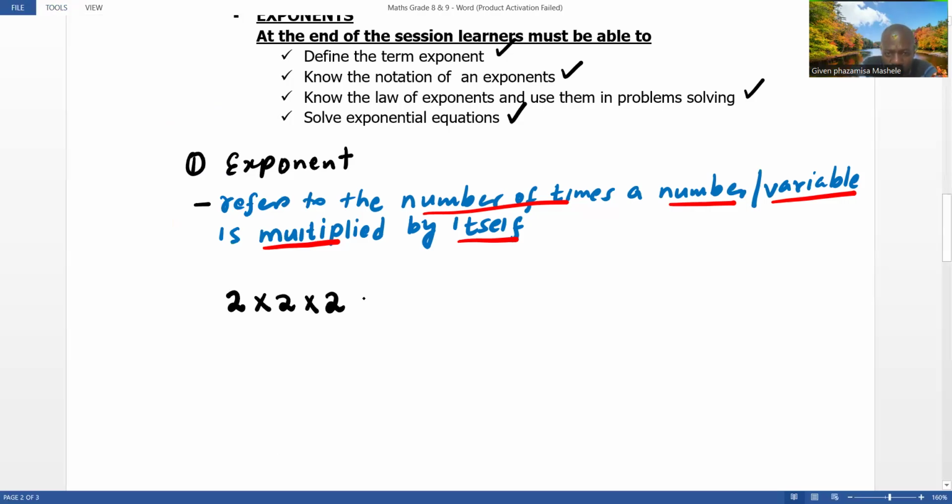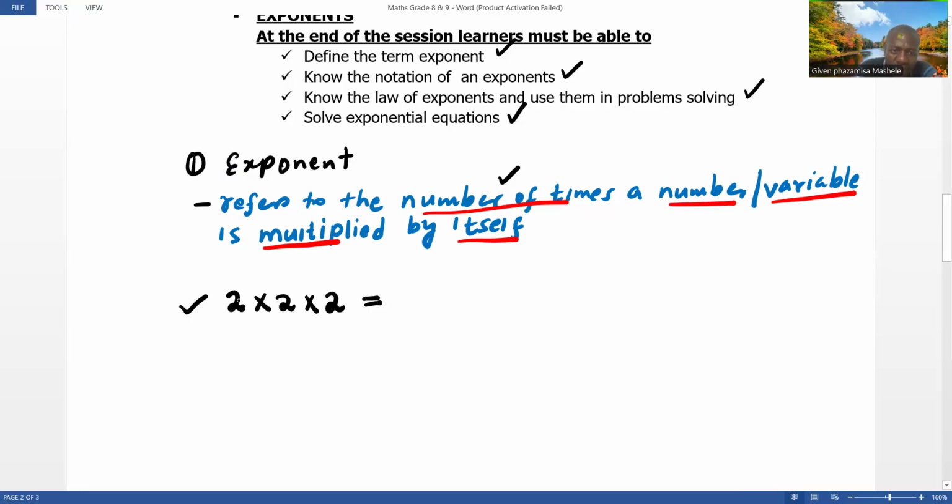If you look at this, we know 2 multiplied by 2 multiplied by 2, the answer is 8. But now we want to talk more about the exponent. An exponent refers to how many times a number or a variable is multiplied by itself.